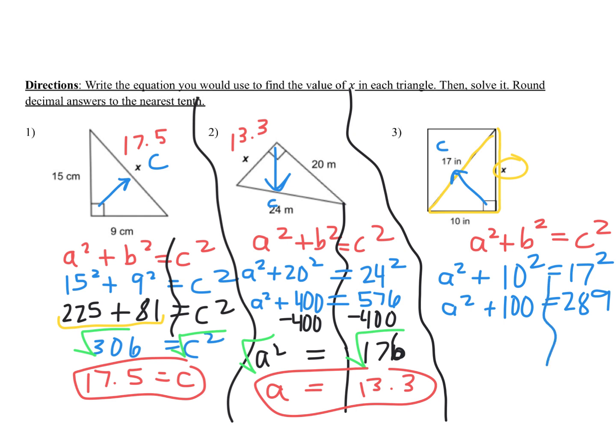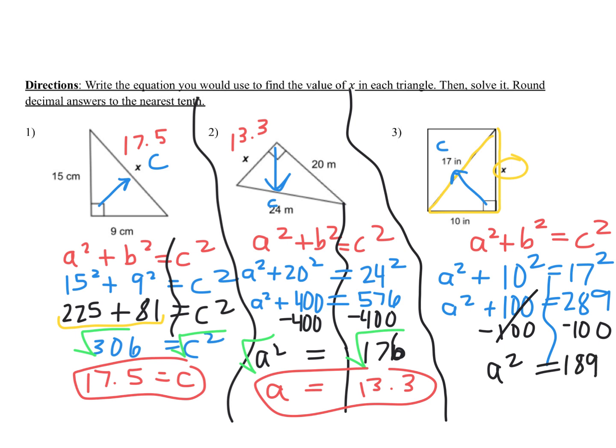Okay, now we need to get A squared by itself. So using our inverse operations, we would subtract 100 from both sides to get A squared by itself. And 289 minus 100 is 189.